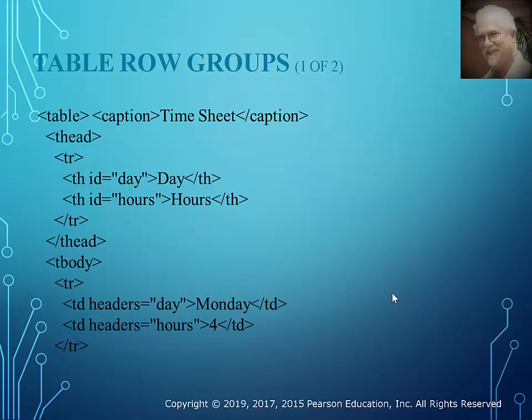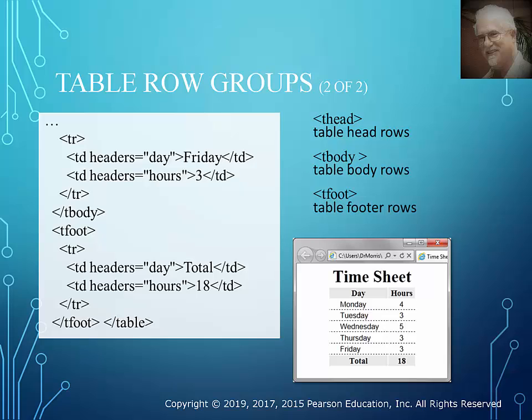Here we go, table rows. Oh, groups. Yes, we can do groups if you like. You can't see it here in the HTML code, but you will see it in the CSS. Notice the ID, day, and the headers, day and hours. And now we can see over here we have table head rows, table body rows, table footer rows, and they look a little bit different here.